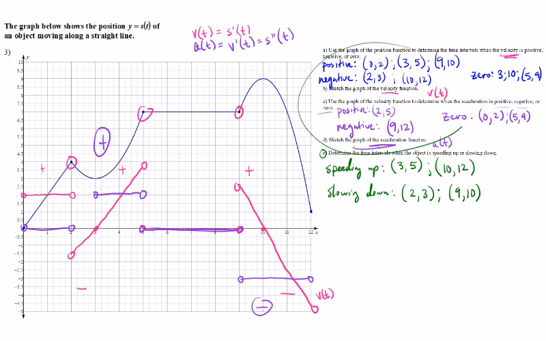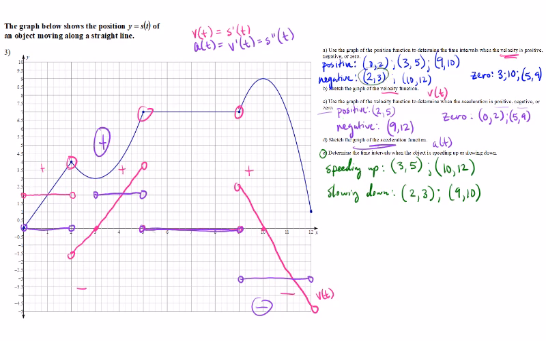And you can match that up here, just to give you a real quick example. Remember, anywhere where it's 0, it's neither speeding up nor slowing down. So 0 to 2 doesn't count for speeding up or slowing down. But from 2 to 5, the acceleration is positive.